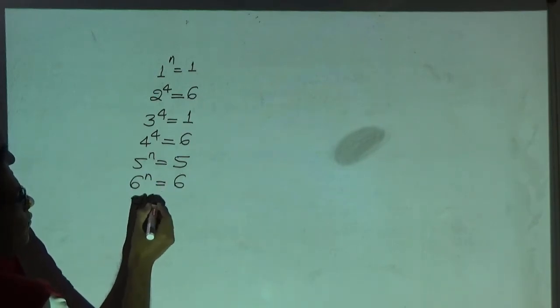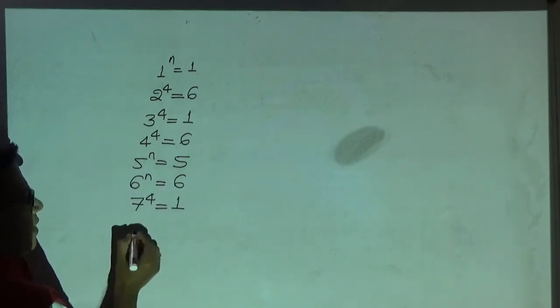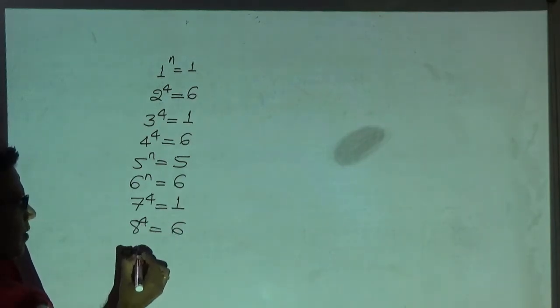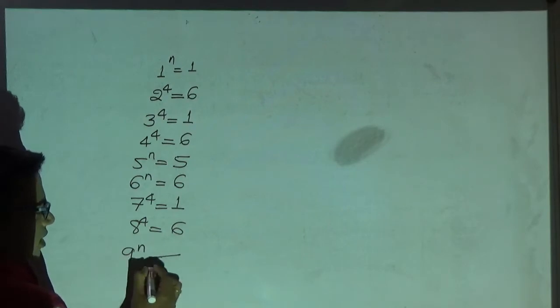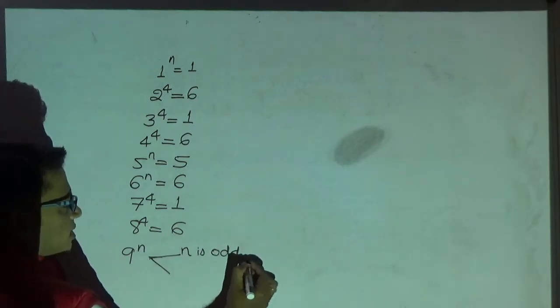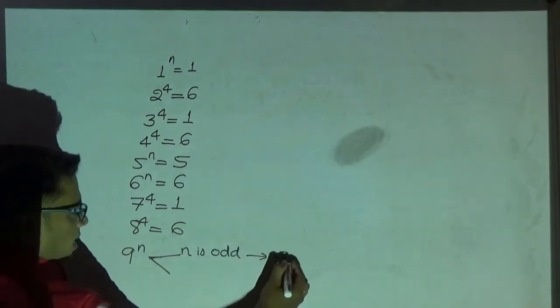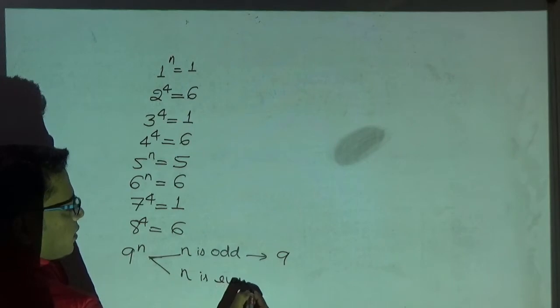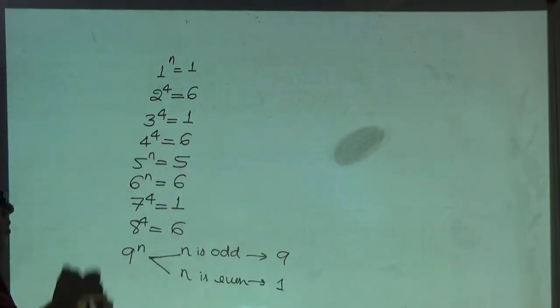But 7 power 4 will be equal to 1. 8 power 4 will be equal to 6. And 9 power n, please see here. If n is odd, then units place will be 9. If n is even, then units place will be 1. These things you have to remember.